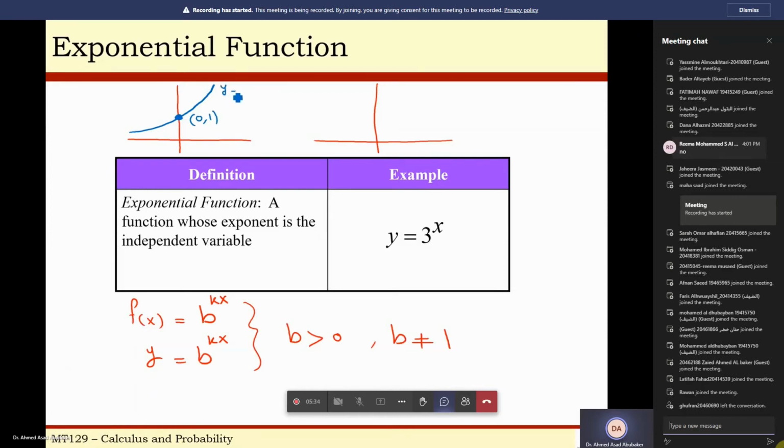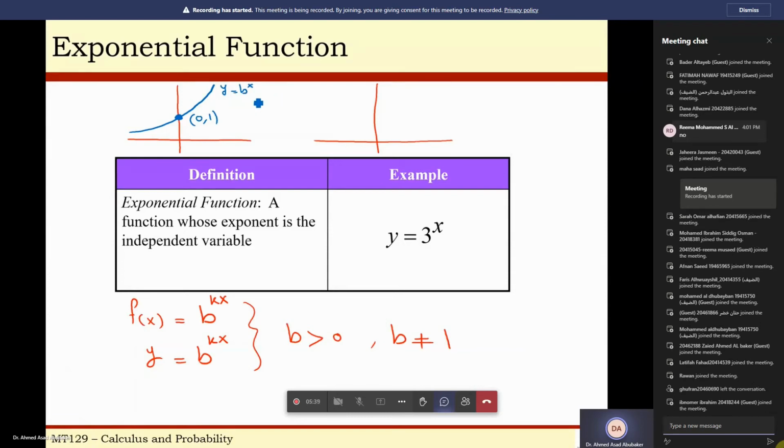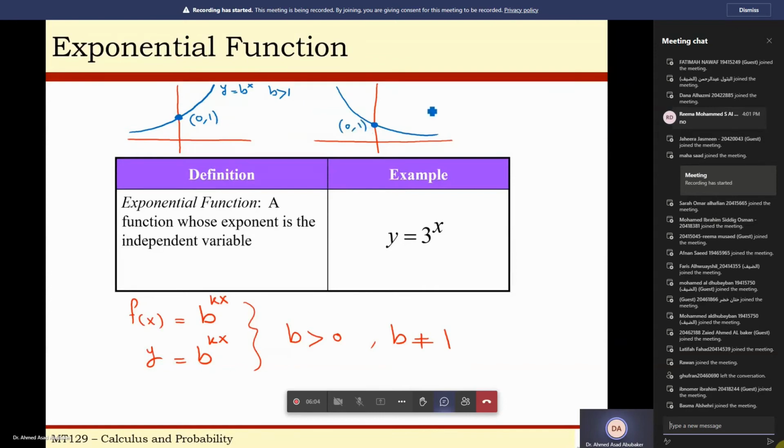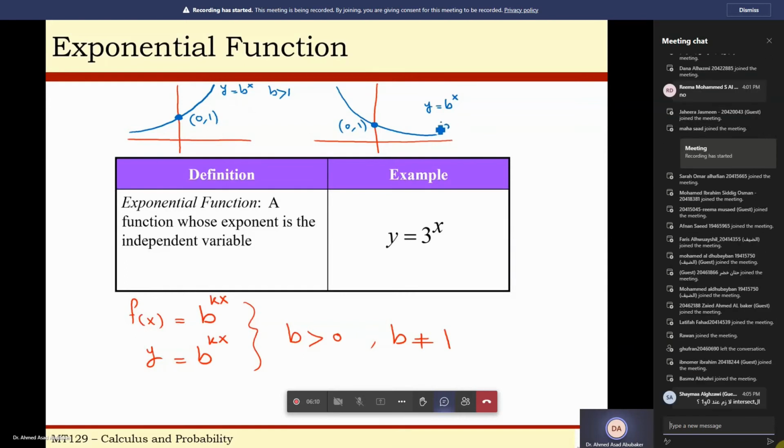This is y equals b to the power x, and here b is greater than 1, so y is positive and above 1. If we have b less than 1, from 0 to 1, we have a decreasing exponential function, and we have the y-intercept at (0, 1), and y equals b to the power x will be greater than 0 but less than 1.